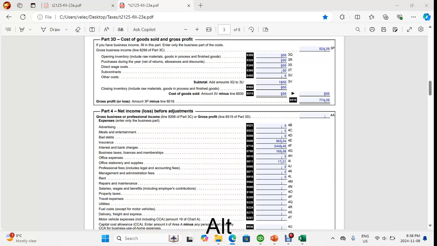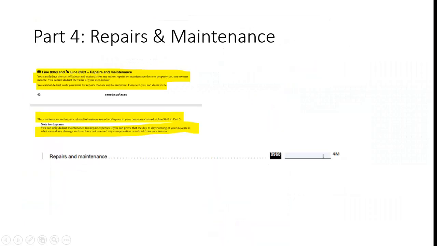Repairs and maintenance. So let's say you bought something from Home Depot or Lowe's to maintain or repair your property for a DIY job, for renovation, so on and so forth. You can deduct the cost of labor and materials for any minor repairs or maintenance done to your property you use to earn income. You cannot deduct the value of your own labor.